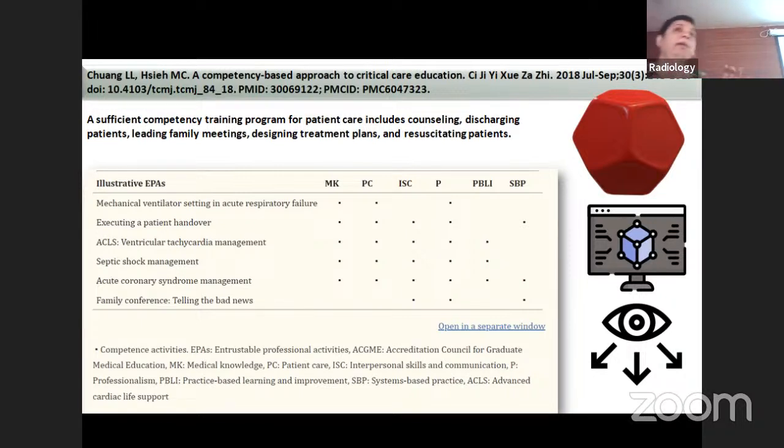In addition to that, this is very difficult to employ and assess in critical care, right? So I can say, do you know CPR? I know CPR because CPR, ACLS, has a way of assessment. But if you say, do you know intercostal drainage, then what does that mean?